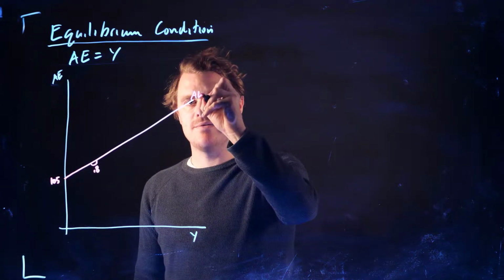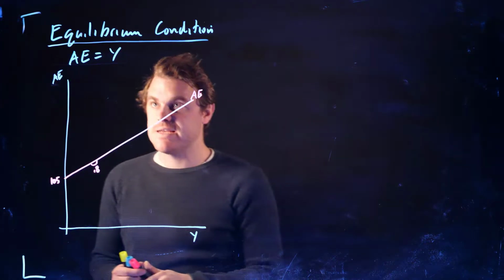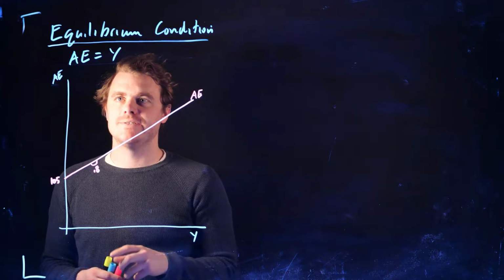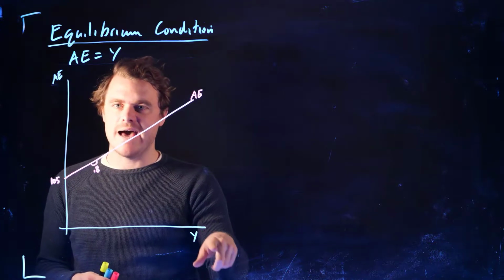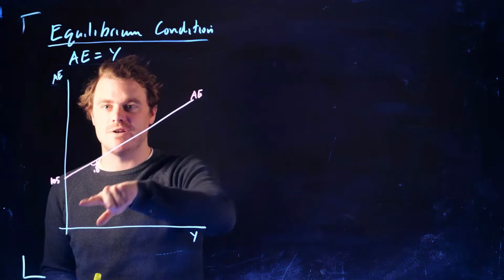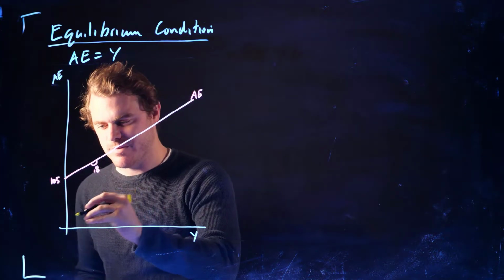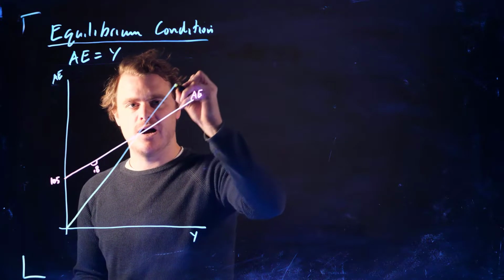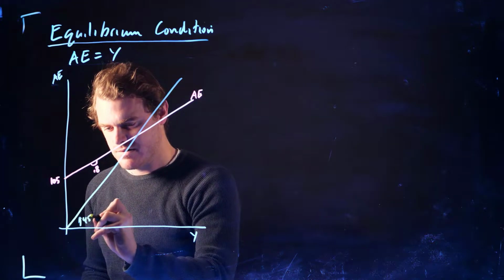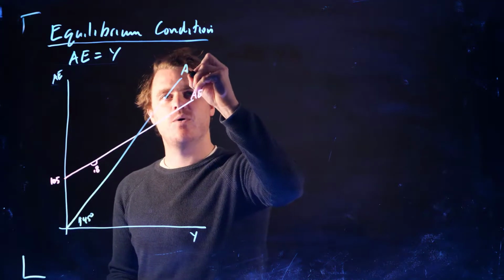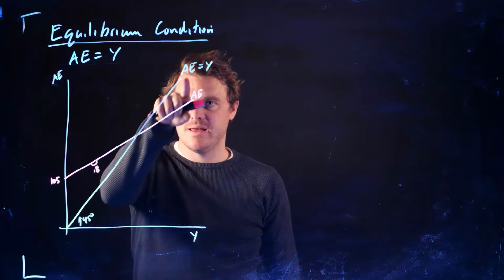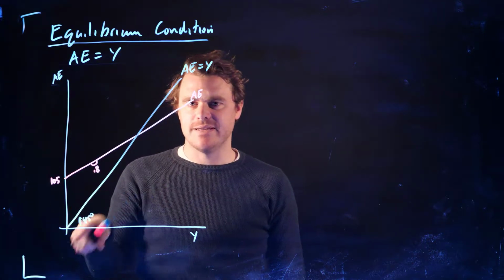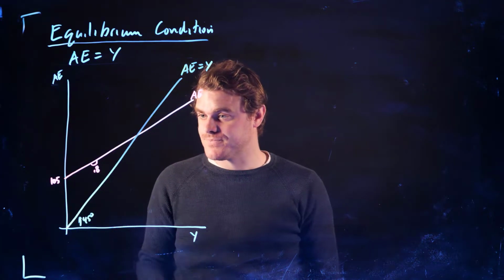If we think about what our equilibrium condition is, it's that this amount equals that amount. That's exactly a 45-degree line, right? Our equilibrium condition is essentially a 45-degree line, because at every point along it, AE equals Y, just by definition.